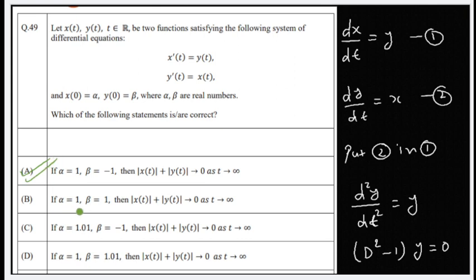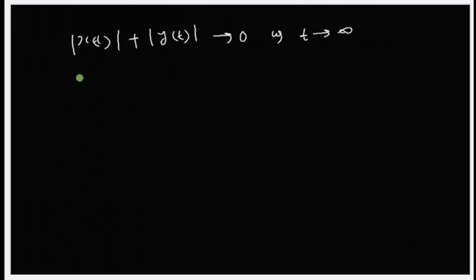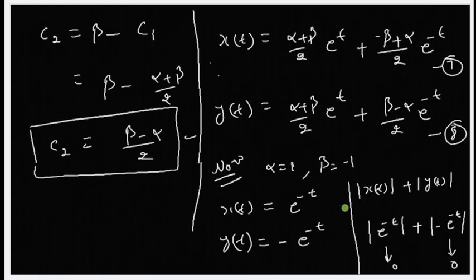Now if you put alpha equal to 1 and beta equal to 1, is this condition true or not? Let's check. If alpha equal to 1 and beta equal to 1, the 2 over 2 cancel out, so you get e to the power t, and this term is 0 because alpha and beta both are 1.